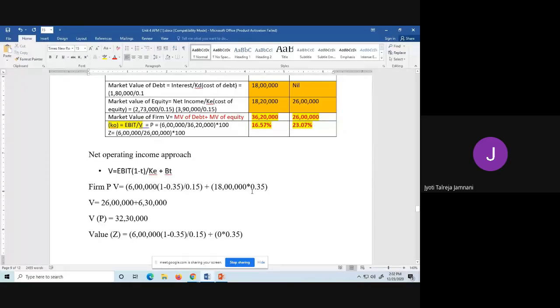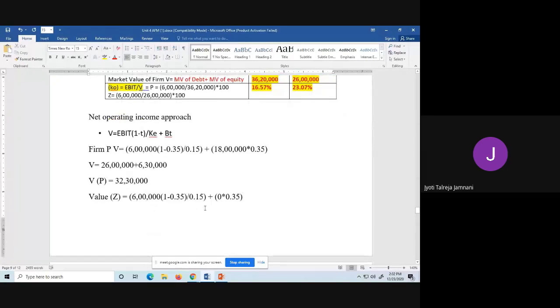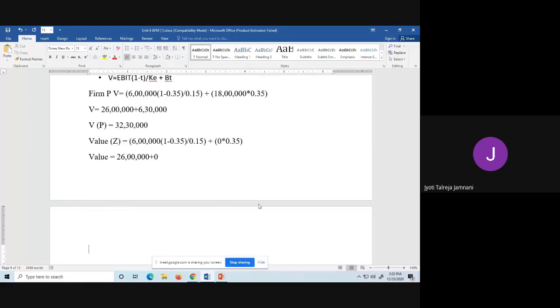So 0 into 0.35 is 0. So we have to solve only this part, and therefore we get the value as 26 lakhs. 26 lakhs plus 0 is 26 lakhs. Value for company Z is 26 lakhs.